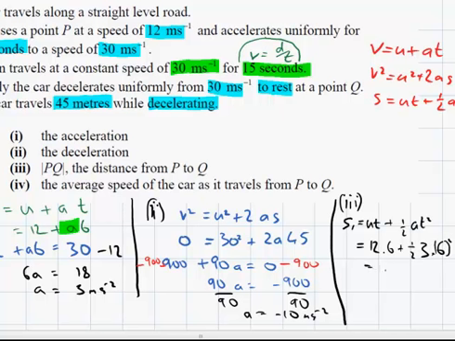Now doing it in your head, you get 72 plus 108 divided by 2, which is equal to 72 plus 54, which is equal to 126 meters. I'm rushing it a bit there.